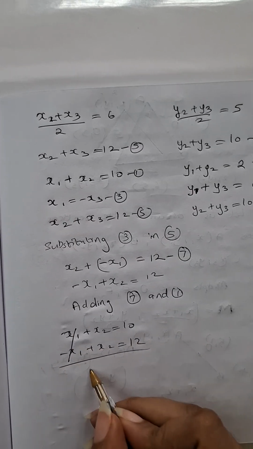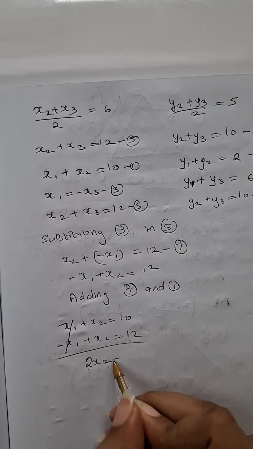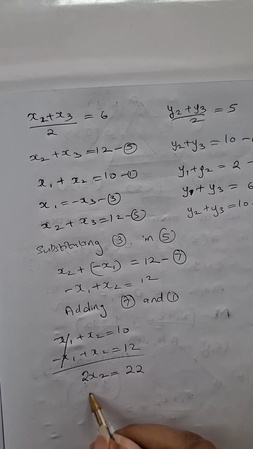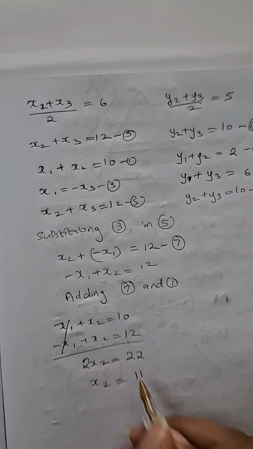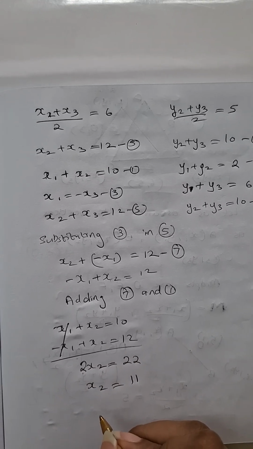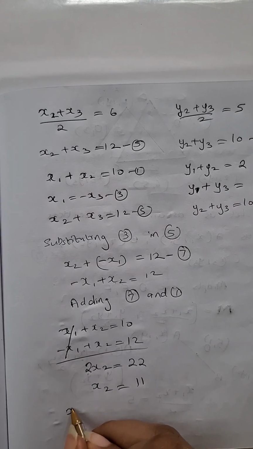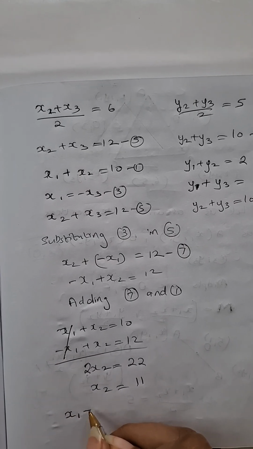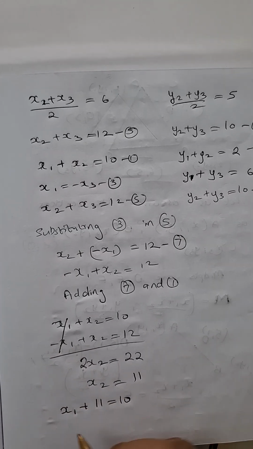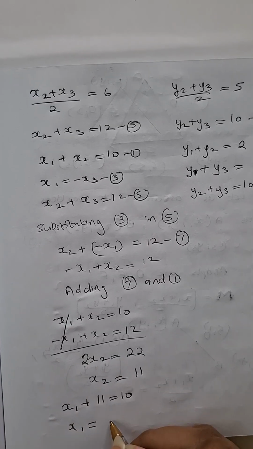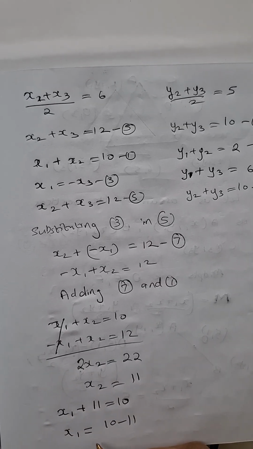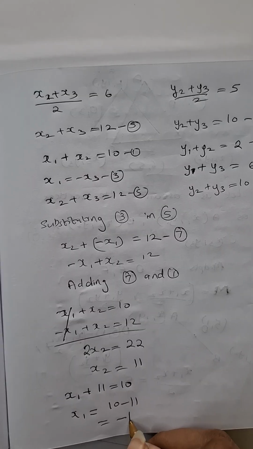We can cancel this. 2x2 is equal to 22. x2 is equal to 11. So we got x2. Now substituting, x1 plus 11 is equal to 10. So x1 is equal to 10 minus 11, that is equal to minus 1.